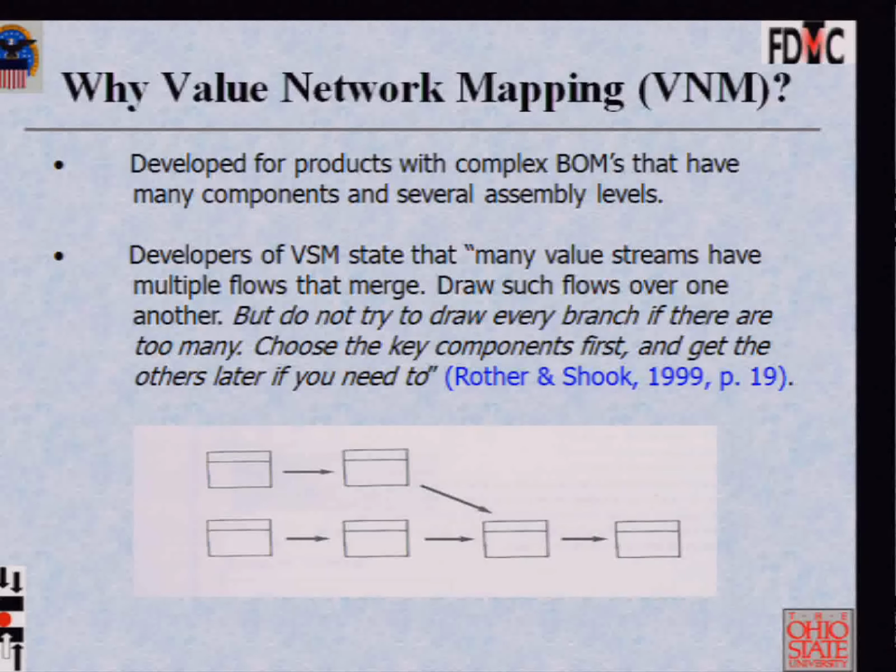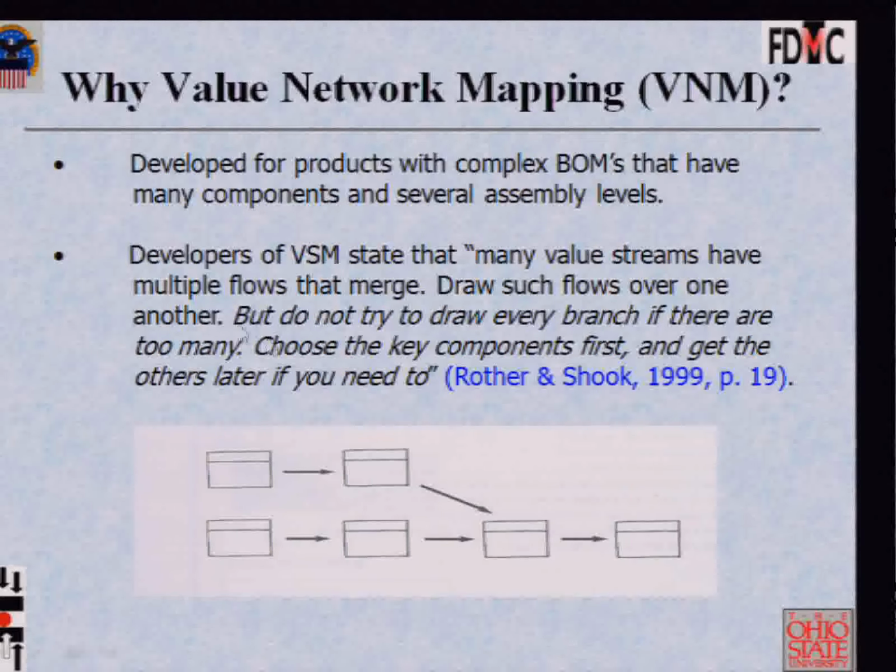Or if you're a machine shop making hundreds of different machine parts, we would like to put our arms around important samples of parts, part families, and then give you improvement ideas that would impact all of the parts inside the family. So that was the first goal of value network mapping: map a complicated product, or map a large sample of components, and then take a decision on what to do to improve the speed with which we produce them, lower the amounts of inventory you have to keep, and where the bottlenecks have to be managed.